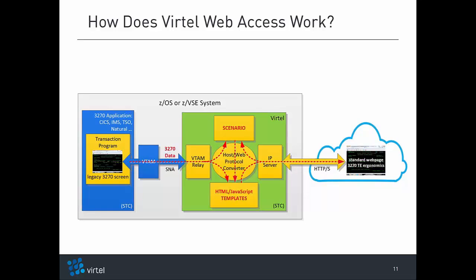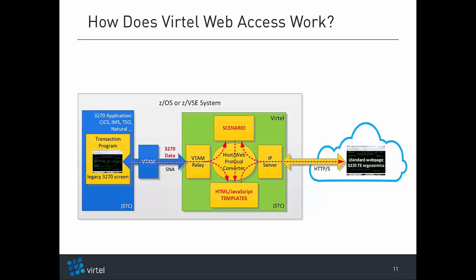To generate a 3270 terminal emulation web page, Virtel Web Access inserts the 3270 data coming off VTAM into predefined HTML JavaScript templates. The Virtel scenario and template shown on this diagram guide the transformation process. They are what makes Virtel Web Access behave as a 3270 terminal emulator.